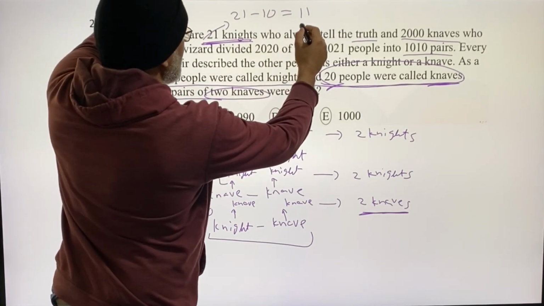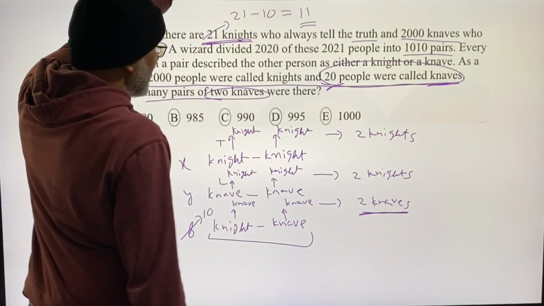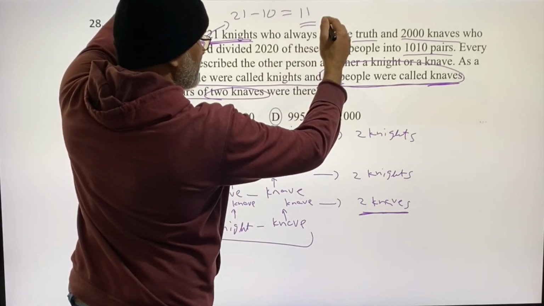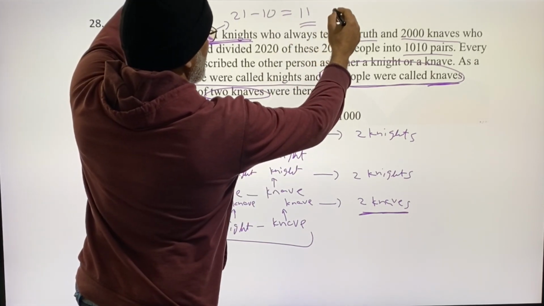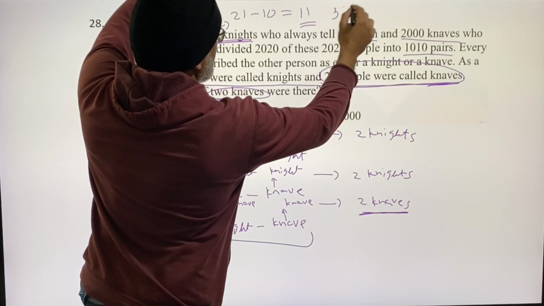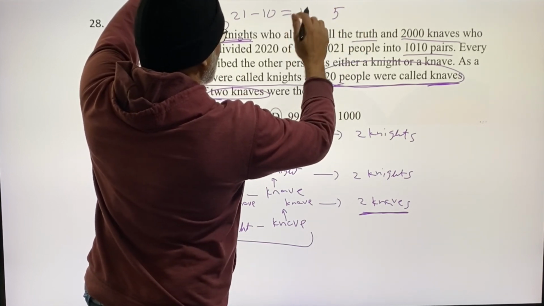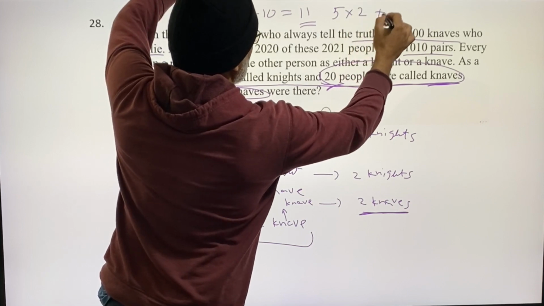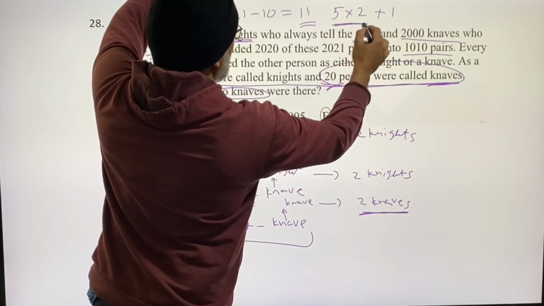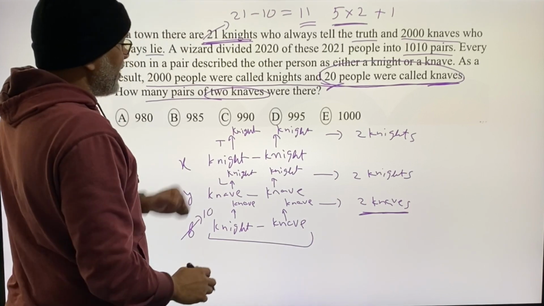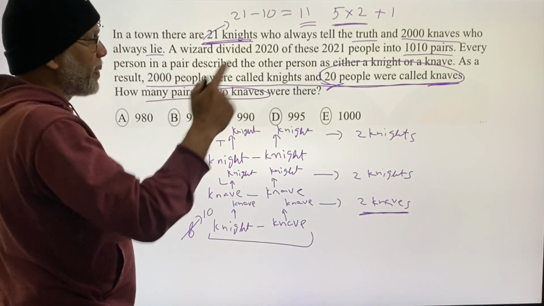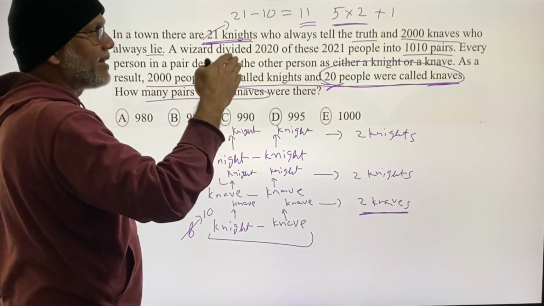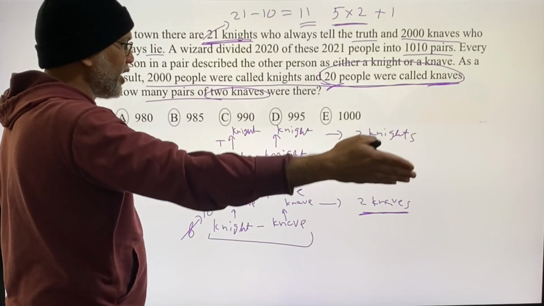So in this case, this 11 will be paired in a group of 5 pairs, and then there will be one extra remaining, right? 5 pairs, 5 into 2 plus 1, right? So there will be a group of 5 pairs of knight and knight, and then one extra remaining that is not going to be paired with anyone, right?